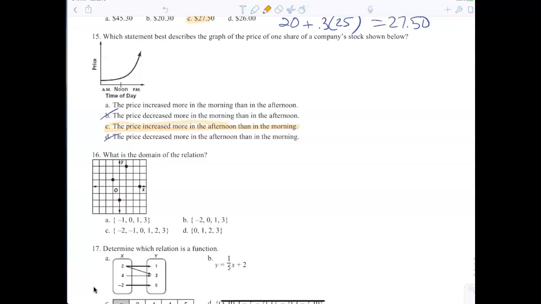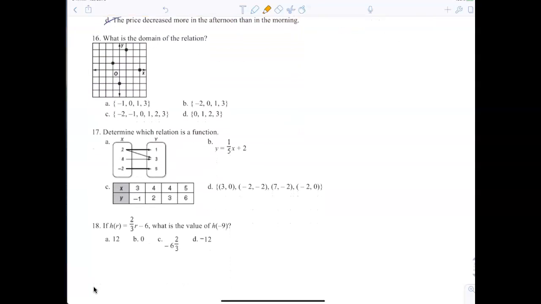All right. Let me know if you're not sure about something. Domain. Everybody needs to write down the domain is simply the list of the what? X values. And the other thing I try to tell kids, if you don't remember, you can Google domain and it'll explain exactly what it is. So if you forget something, take the time to look it up. So what are the x values involved here?